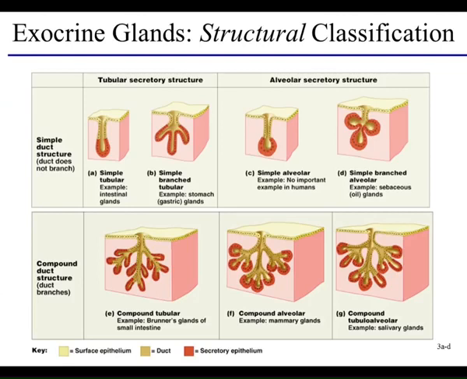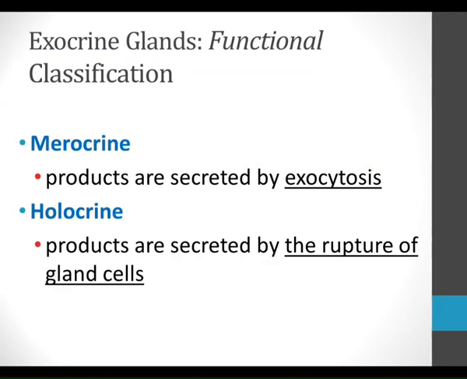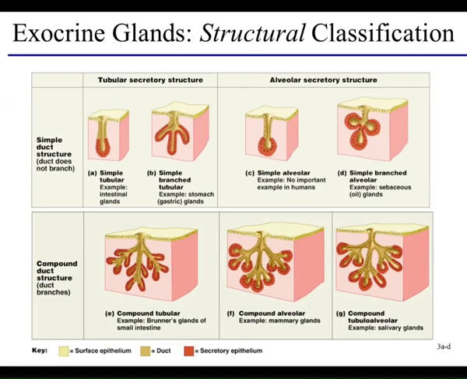Some of them are tube-shaped at the bottom, and some of them are more rounded, like a sac. And compound means it has more than one channel compared to the one in letter D. So just notice those two, D and G, as an example.